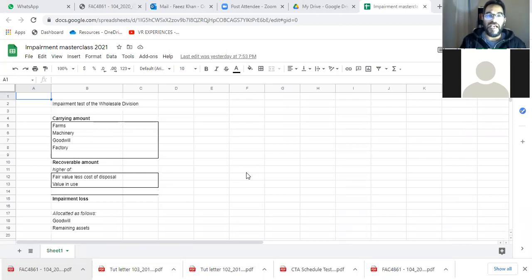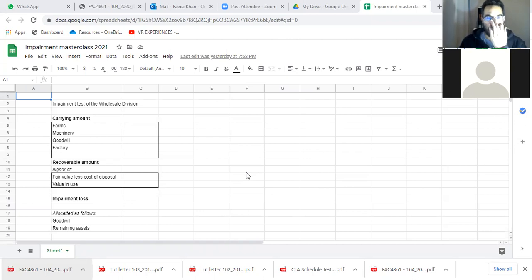If an individual asset cannot generate cash inflows independently, then you will have to test that particular asset within a cash generating unit. A cash generating unit is the smallest group of assets, including that asset, that can generate cash inflows independently. So just take note of that.